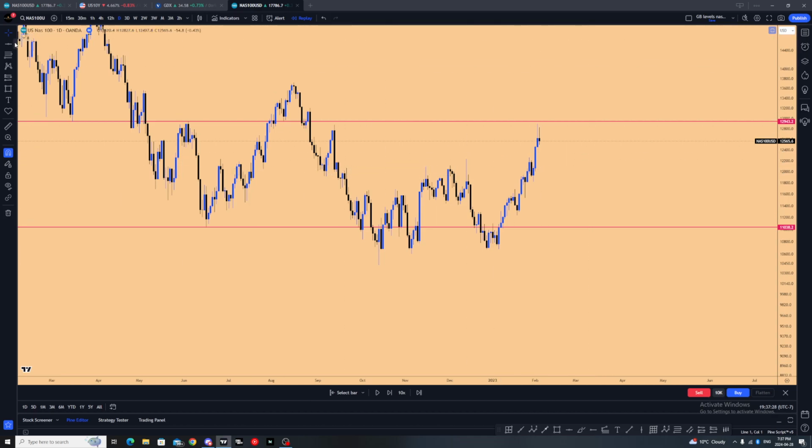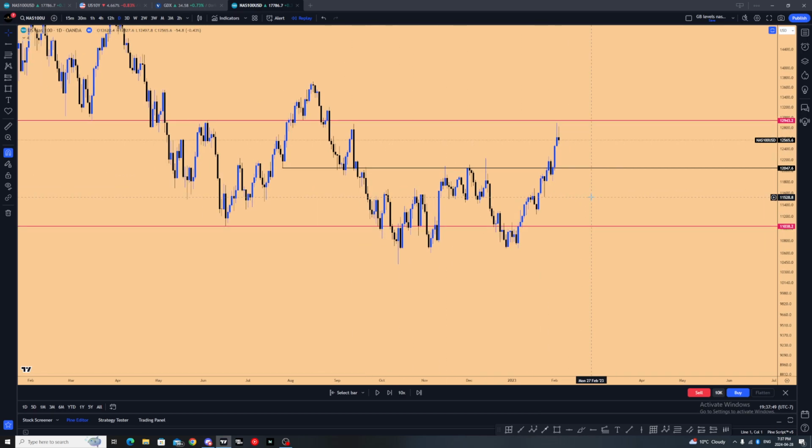Then over here, I would possibly use this as an SR level because the market respected this, respected this, respected this, even this. There are at least 4 respects, so that would classify as an SR level.